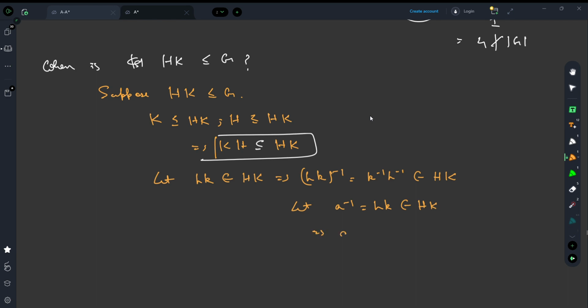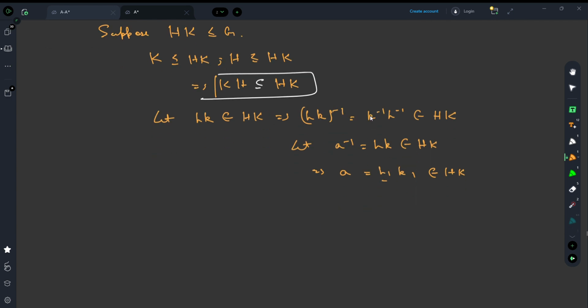But then A is of the form H1 K1, as the inverse of A inverse must also be in HK, because HK is a subgroup. We have assumed this to be a subgroup, which implies this is also in HK. But we don't know about H1 and K1 for now. I guess it's clear for now.